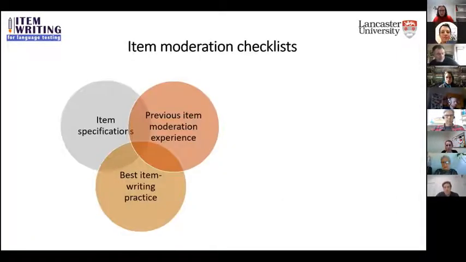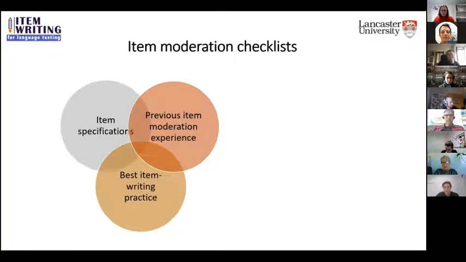What I'd like to emphasize here is that if you download the checklist from that website, please take into consideration that it will not be enough to moderate your items, because these are general recommendations for a particular item type. They will not reflect the construct of your particular item and the particular specifications your items were based on.